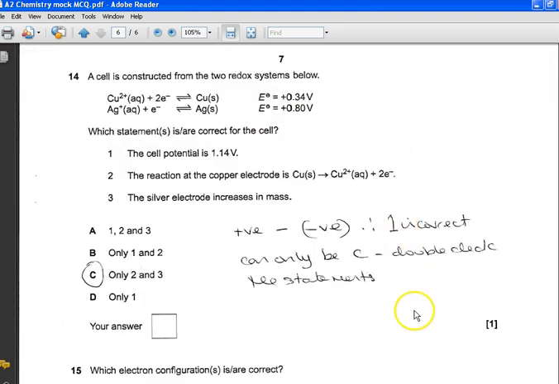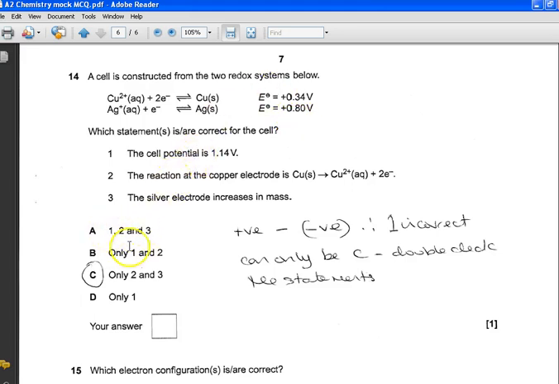Okay, a bit of electrochemistry. So you're given two redox systems with their cell potential and asked for the correct statement. So you can see straight away that number 1 is not correct if you recognise how to work out cell potential. So that is not correct.